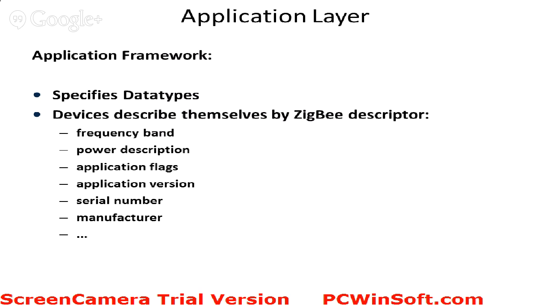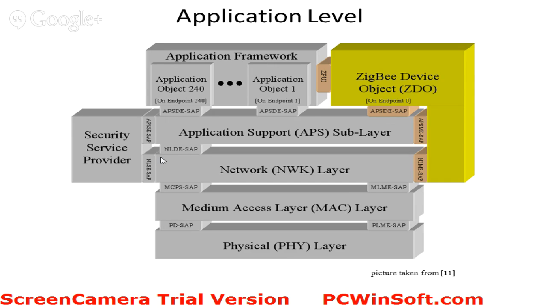Thereby it describes the frequency band in which it will operate, its power description, whether it is backup powered or battery powered, application flags, version, serial number, manufacturer, etc. This is how it identifies itself. Then you have a very important application endpoint called ZigBee device object, which has an important role to play as far as a ZigBee network is concerned.